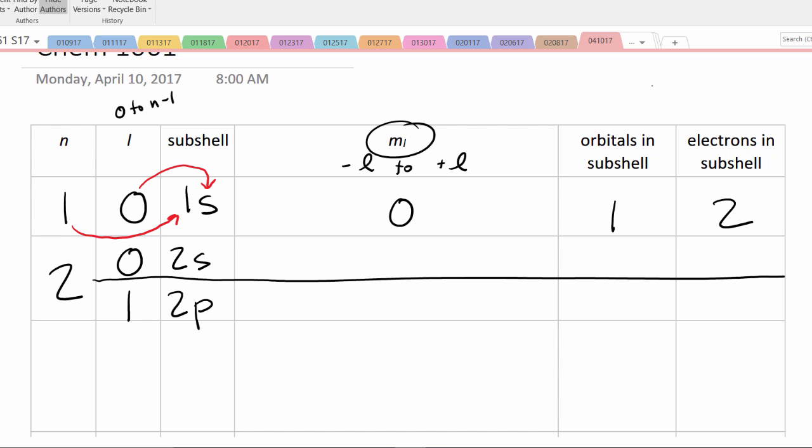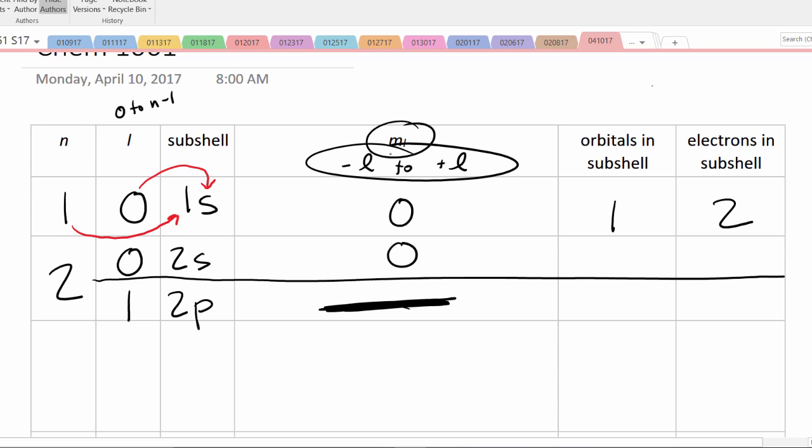So then we start looking at the possible values of m sub L. What are the possible values of m sub L right here? 0. And how about down here? Remember, it can go anywhere between negative L and positive L. So it could be negative 1, 0, and plus 1.